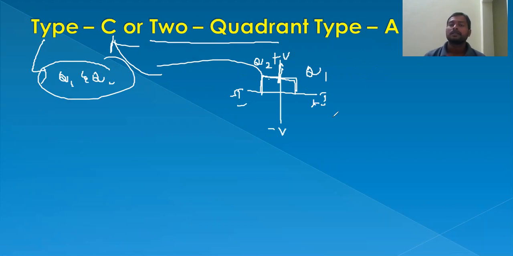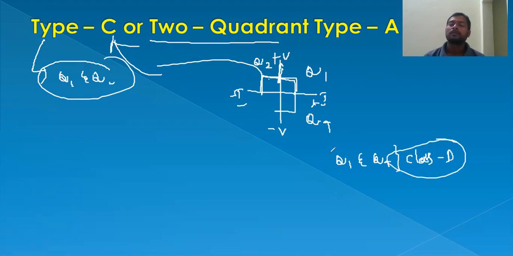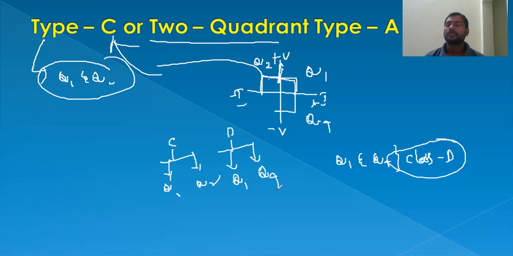And Q1 with coordinate 4, coordinates 1 and 4 together, is called class D chopper. Class C chopper has coordinate 1 and coordinate 2. Class D has coordinate 1 and coordinate 4. So this is class A, class B, class C, class D.